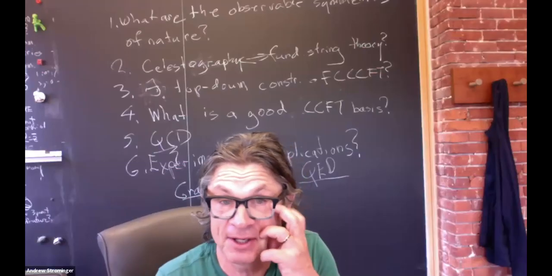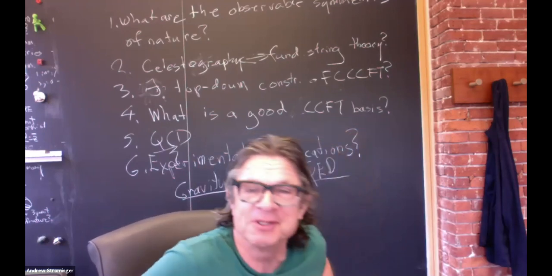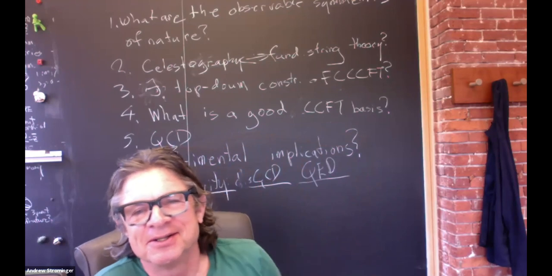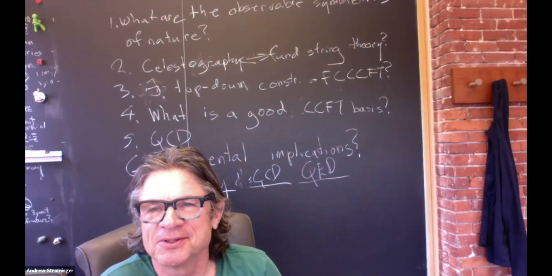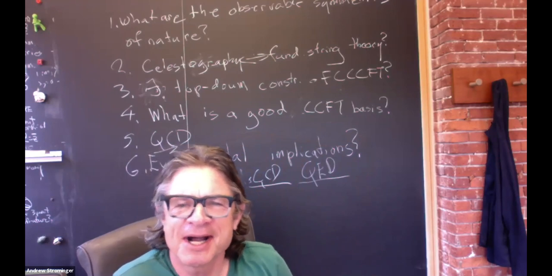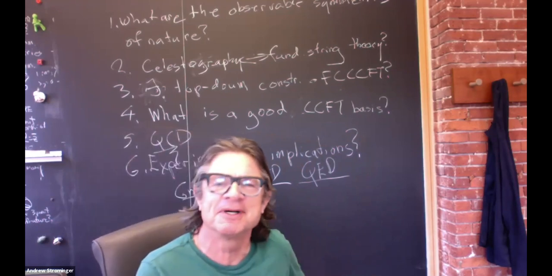So yeah, of course, the string worldsheet couldn't be the celestial sphere in more than 4 dimensions. But I wouldn't dismiss the connection on that basis.